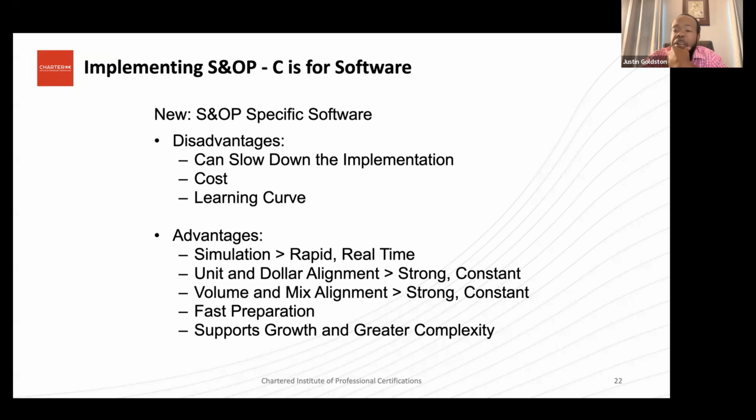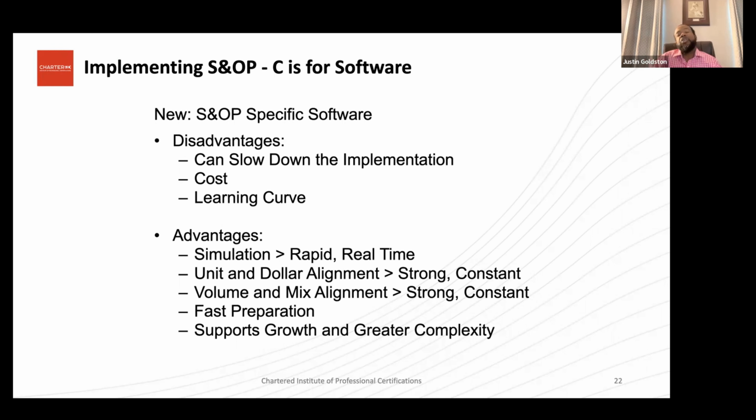As compared to a production module within the ERP system, or a customer service module or the order entry module, where you may have hundreds of people to onboard to become familiar with that new tool. With the S&OP module, although it is something new, there's going to be a limited number of people actually using that tool.